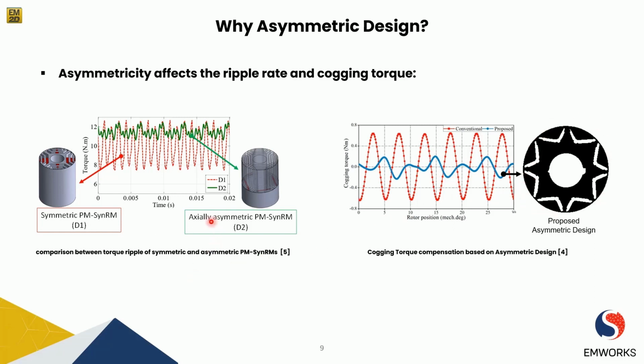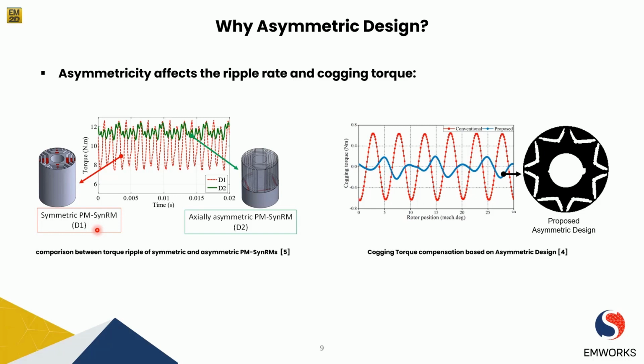And also on the left hand side we have a machine which has an axially asymmetric topology, and the torque ripple at the maximum torque operation point of the machine has been significantly improved compared to a conventional permanent magnet synchronous machine, or as an abbreviation PMSMs.